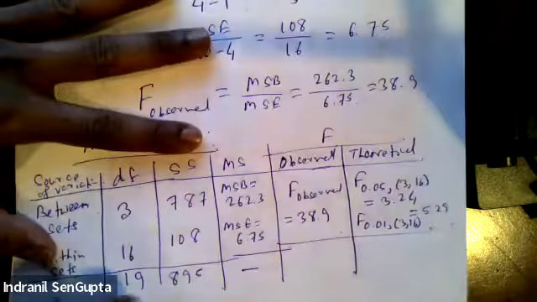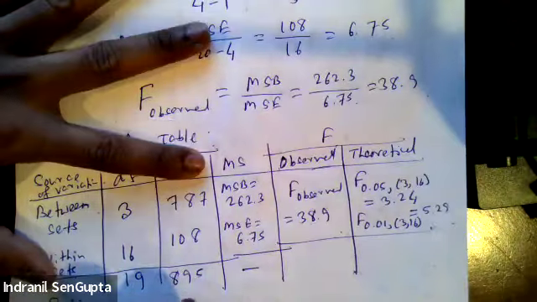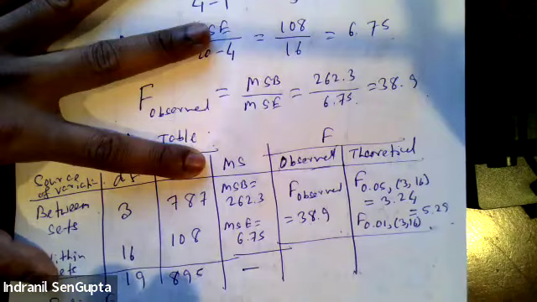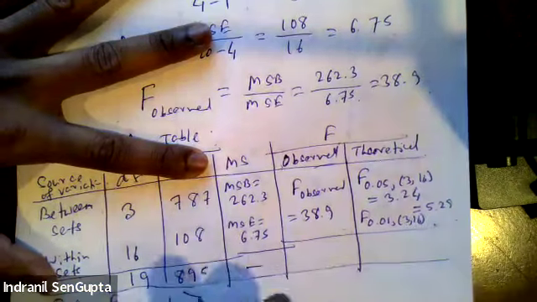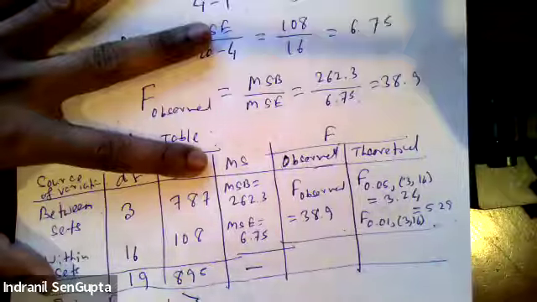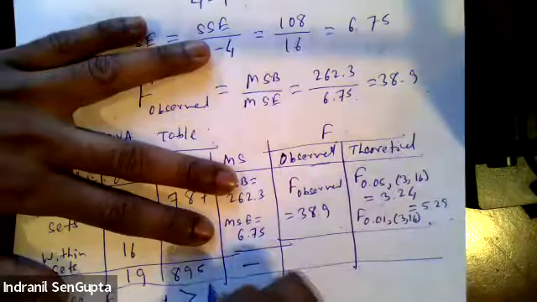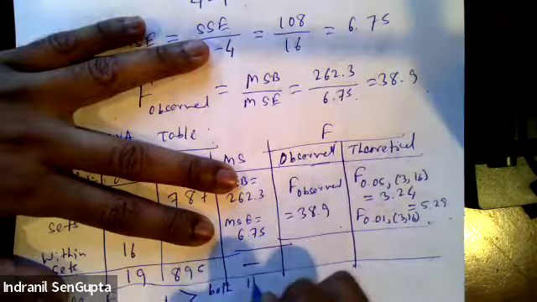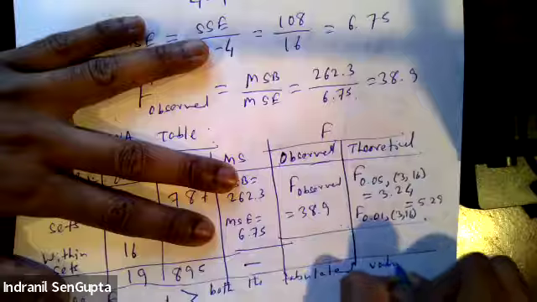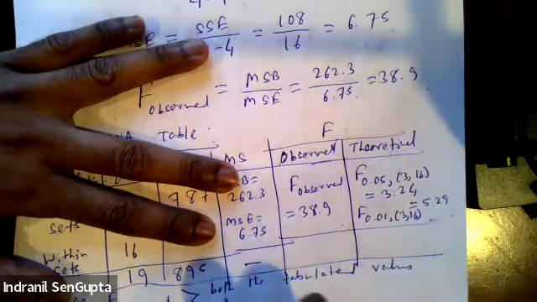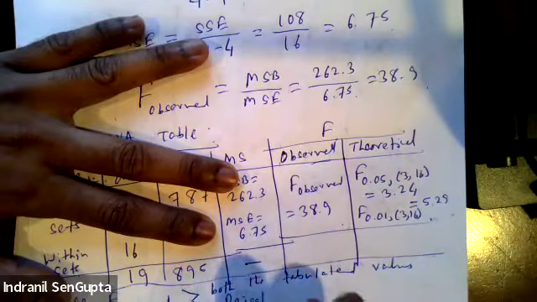So since F observed is bigger than both the tabulated values, we reject H0.